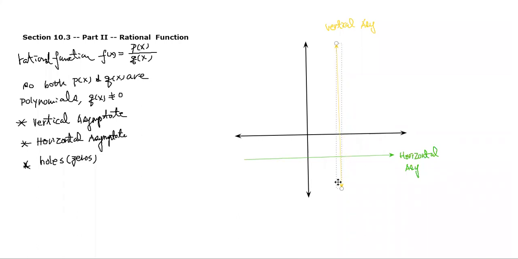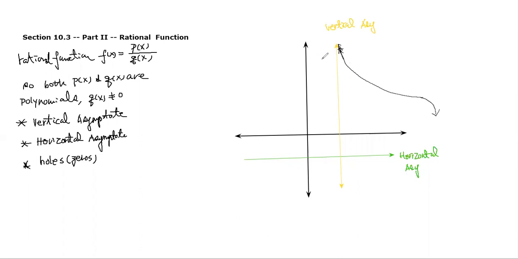So if I have a function and it is getting closer and closer to this line, but it never touches this line, this is what we call the asymptote.